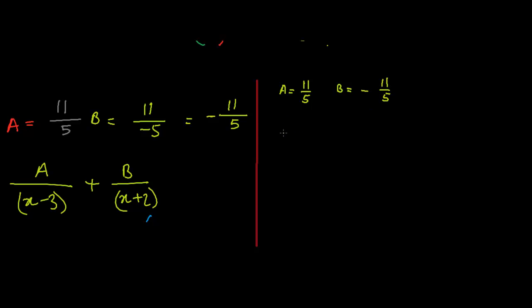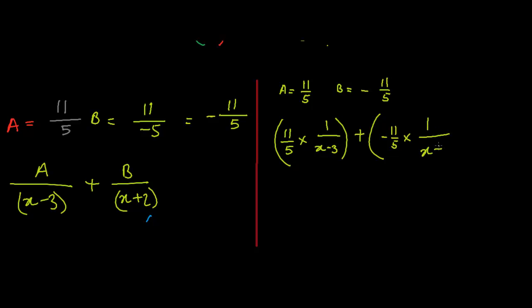What this basically ends up as being is 11 over 5 times 1 over x minus 3, that's one thing, plus negative 11 over 5 times 1 over x plus 2.